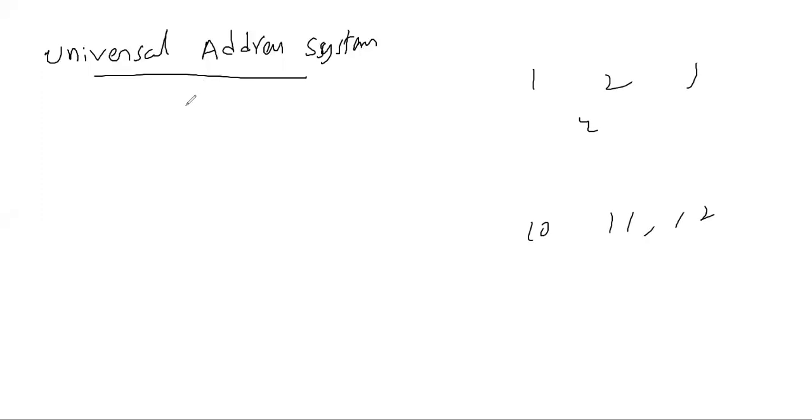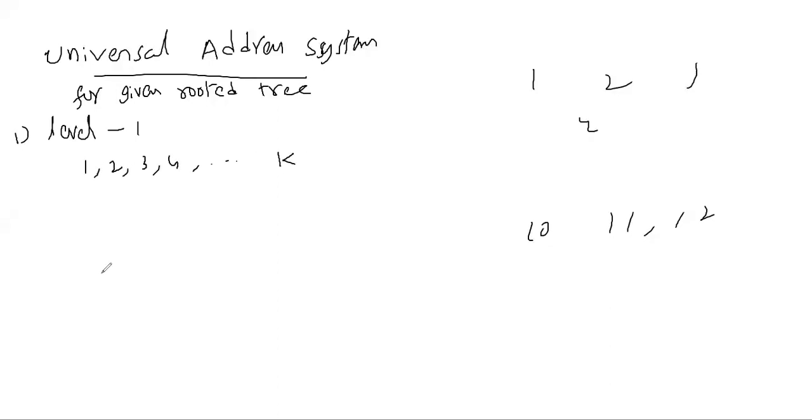Now what is that address system? For the given rooted tree, in level 1 you name all the vertices 1 2 3 4 and so on up to k at level 1.